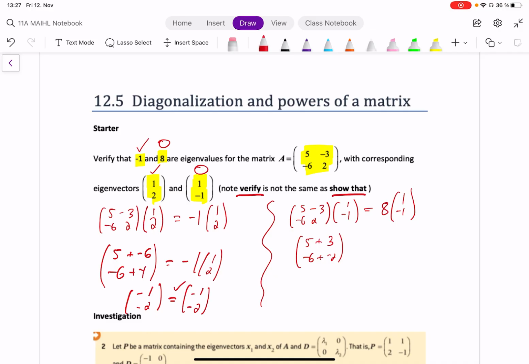And so we end up with, and that should equal, if I distribute the 8, it would be (8, -8). And that is true, (8, -8) is the left, (8, -8) is the right, and so that works. And so we verified that those are indeed the eigenvectors that go with those eigenvalues.